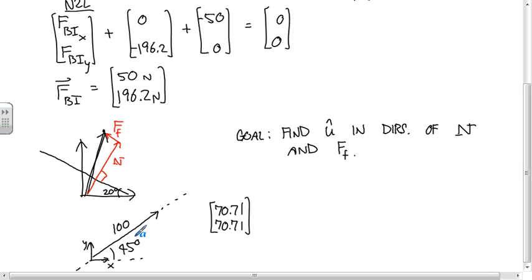It would be cosine of 45, sine of 45. Take that dot product and you get 50 plus 50 is 100. So if you're just trying to find a pure projection onto a line, the way you do it is dotting with a unit vector. That's all I'm trying to say there.